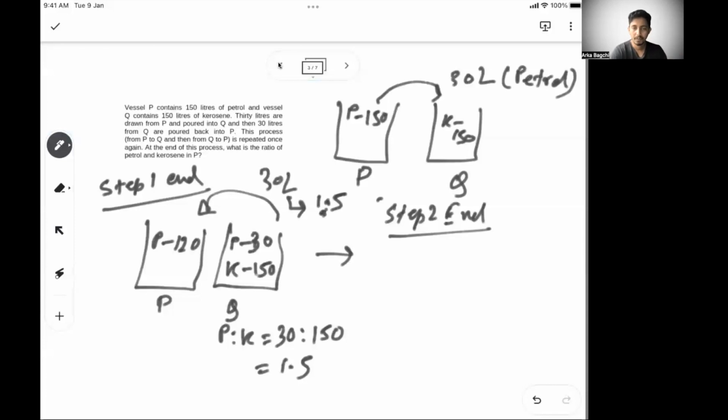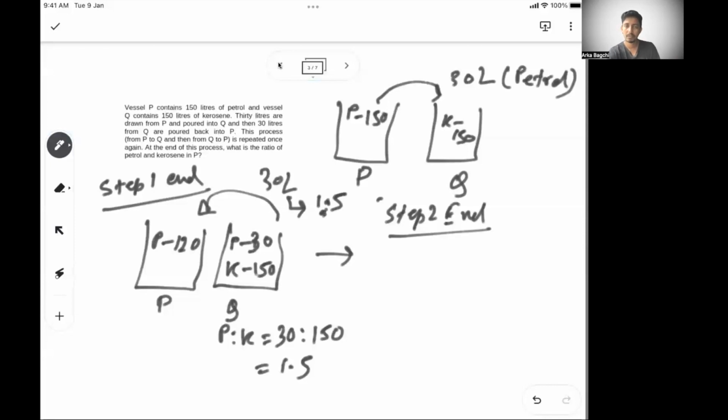So whatever be the ratio of two items in the mixture, if you draw a certain quantity of that mixture, in that portion also, like in this case the 30-liter portion you draw out of 180, your percentage of each quantity will remain the same as in the original mixture.